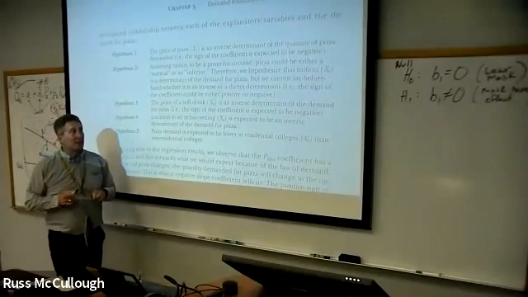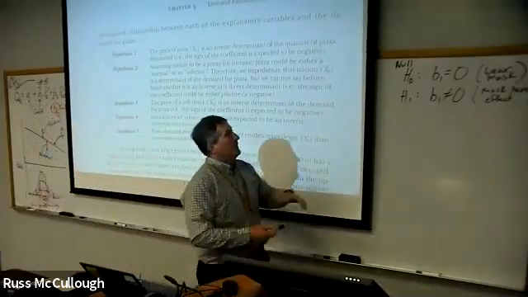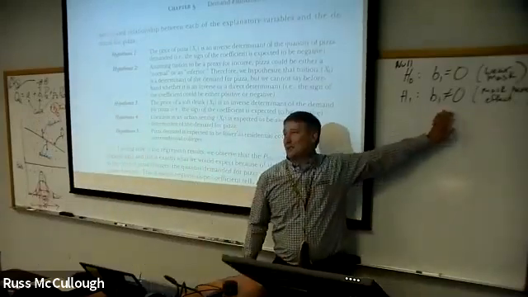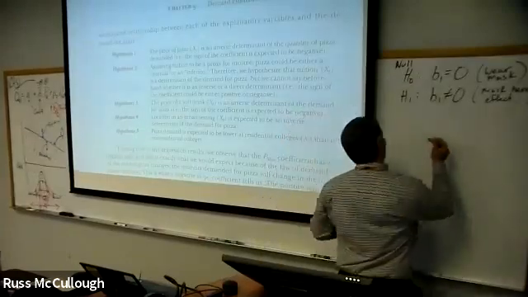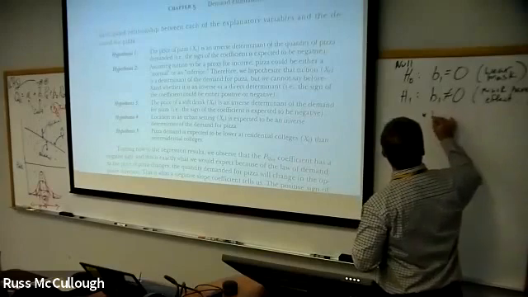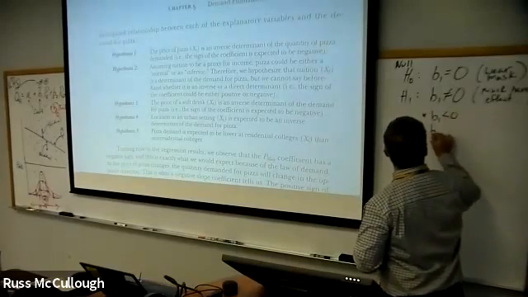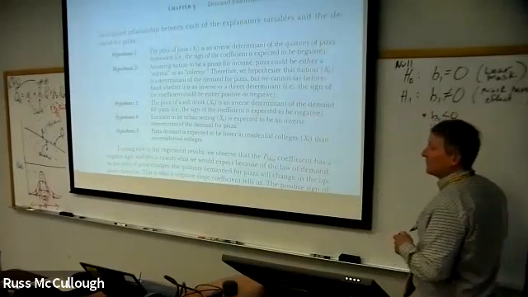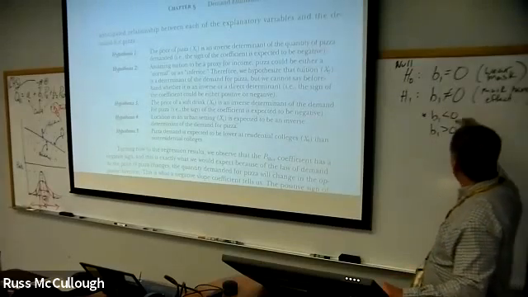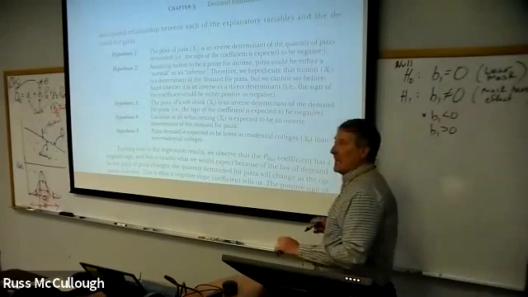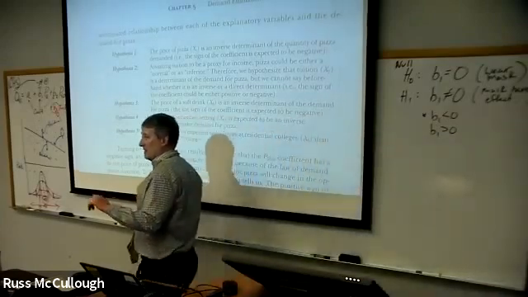Now, what's interesting here is that if beta 1 turns out to be less than 0, so note here, there's kind of two things that could go on. Beta 1 less than 0, beta 1 greater than 0. So which one says that masks save lives?